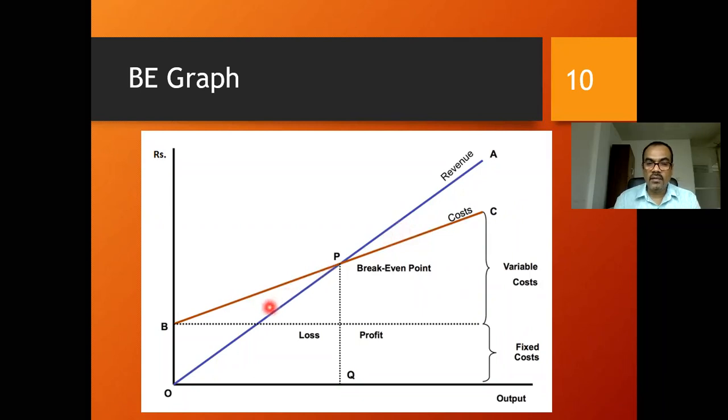If you are here, you have two decisions: either stop that production or find strategies to reach somewhere here. If you are here, it is much more advisable to find strategies to reach somewhere there rather than dropping it. But if you are here, you have the option of dropping, because as long as you are in the production process, it incurs losses to you. Better not to do it, unless you can jump somewhere within a short period of time.